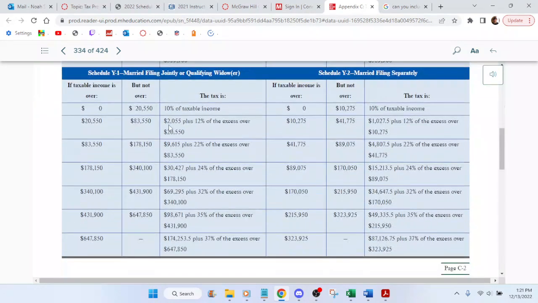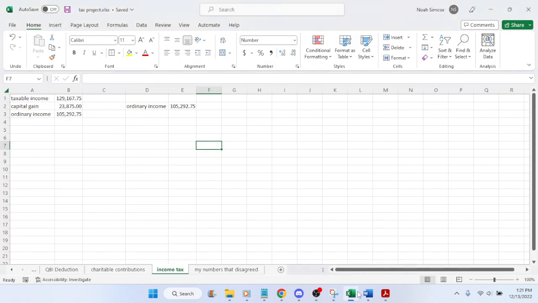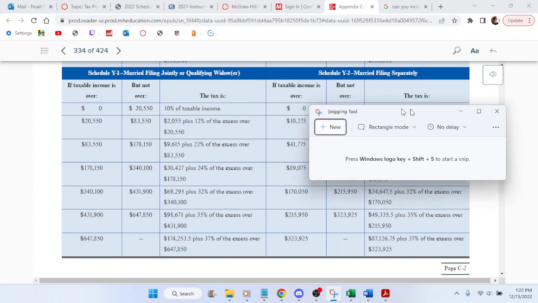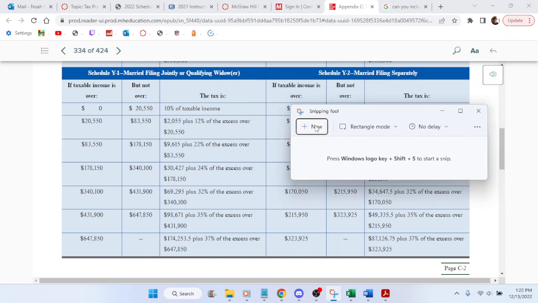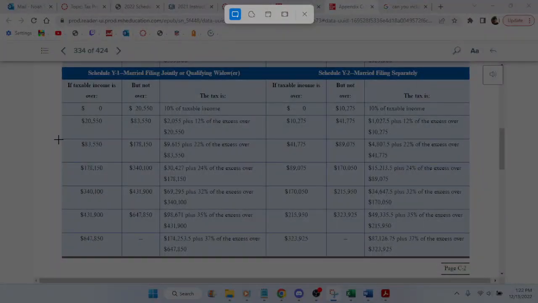We will take a snapshot of the correct one. So their taxable income for their ordinary income is what? It's $105,000. So it's going to be this one right here, 22%. So their taxable income is in between 83 and 178 in terms of their ordinary income.